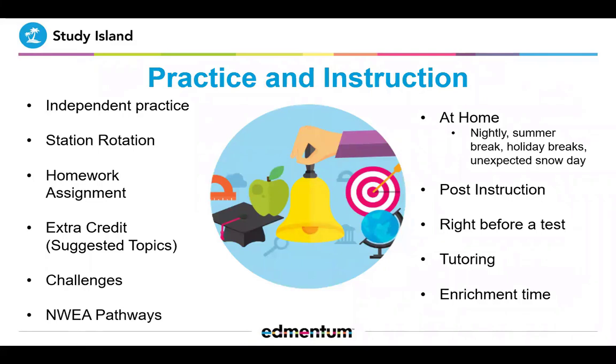And those suggested topics are topics that students have earned 40% or below on. Because they've earned 40% or below, and that's way below the passing goal, it is a topic that is suggested they get some practice on. Now, the suggested topics are practice and instruction assignments, so that students are able to go in and do them multiple times and get better and better, but they're a great resource for students to have when they don't have anything else to work on or when they've completed work early.